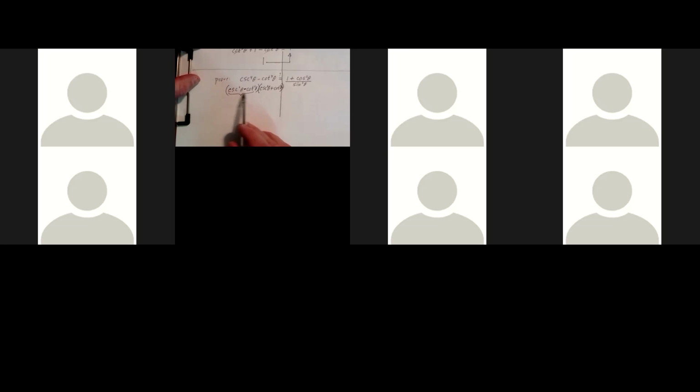Right here. A Pythagorean identity. Recall, ladies and gentlemen, we have one of our Pythagorean identities that says cotangent squared theta plus 1 is equal to cosecant squared theta.